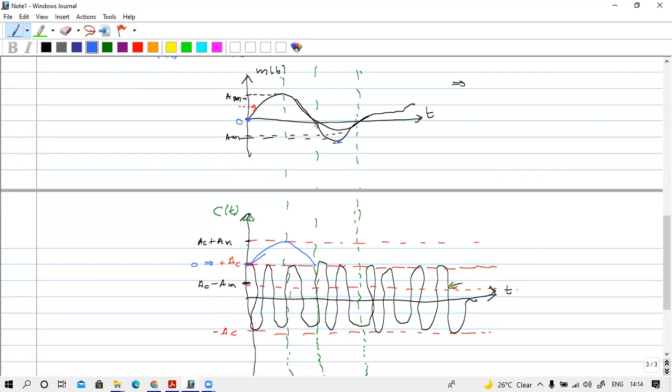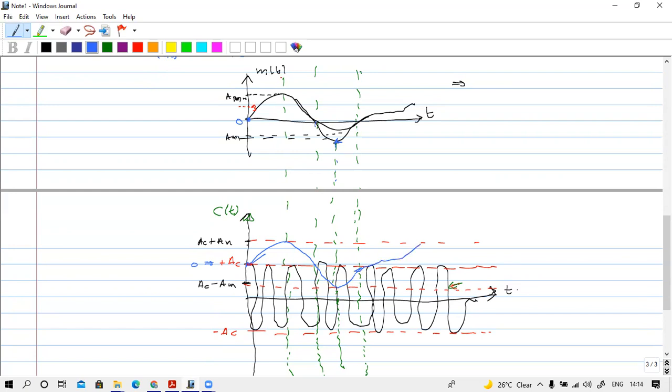At this point it is going to minus, then it again goes to 0, and it goes like this.